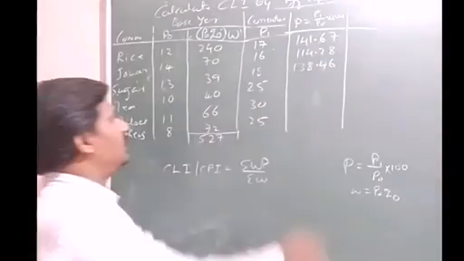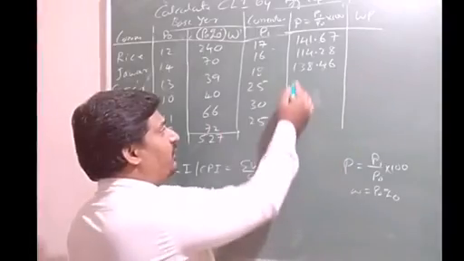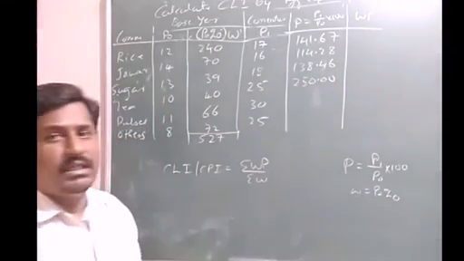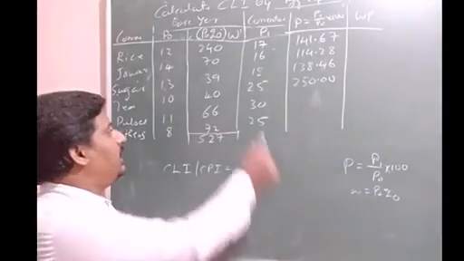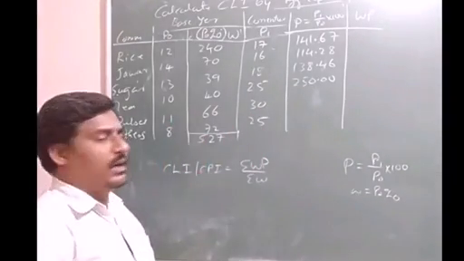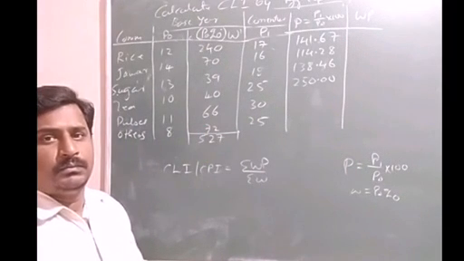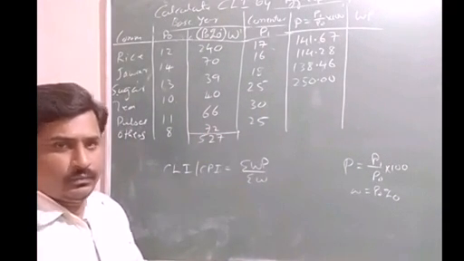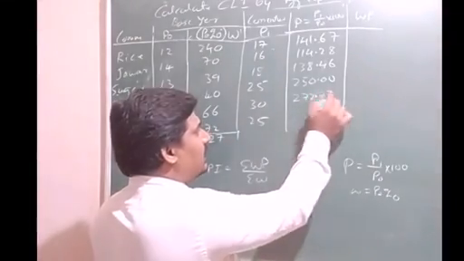Next 25 divided by 10 into 100, 250. Next 30 divided by 11 into 100, 272.73.